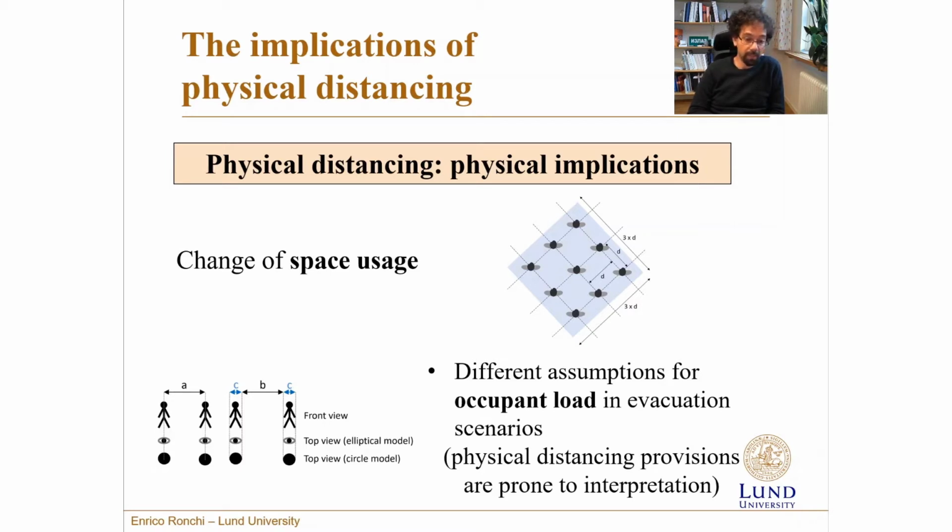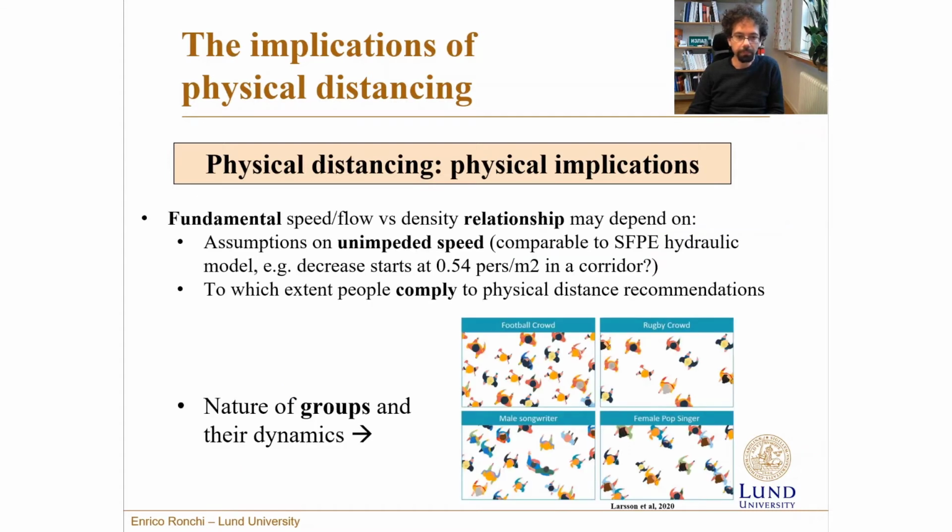And these are just examples, because there are many things that are currently debated, which are also linked, as I said, to the way models represent people in their simulation. I'm mostly talking here about microscopic agent-based models, so models that represent each individual as a single entity, a single agent.